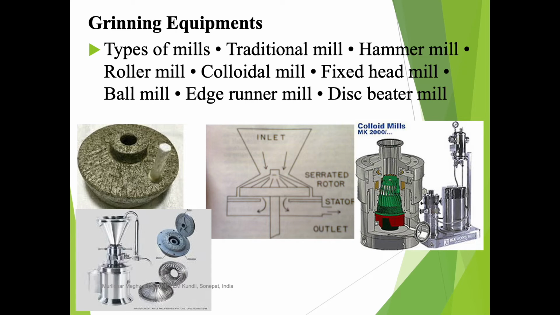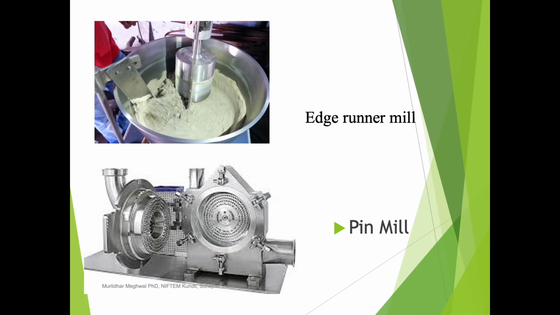So these grinding equipments, the types of mills, may be the traditional mill, hammer mill, roller mill, colloidal mill, fixed mill, ball mill, edge runner mill, and disintegrator mill. These are a few examples of the different types of grinder.